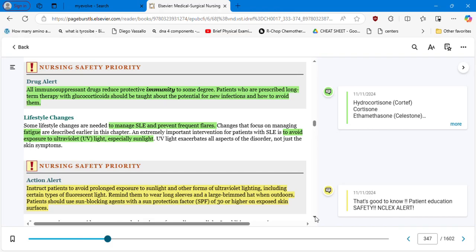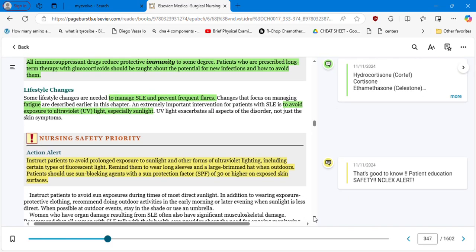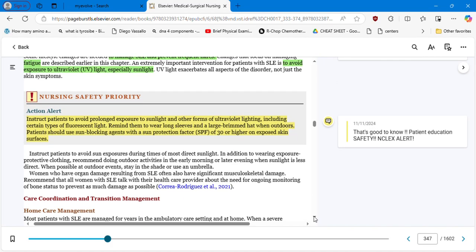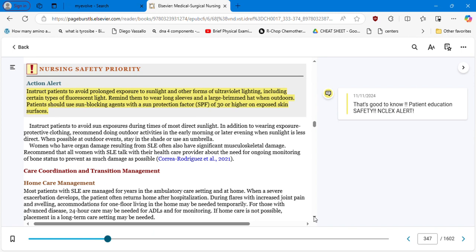And then lifestyle changes to manage SLE and prevent frequent flares. We have to work on stress, avoid exposure to ultraviolet light, especially sunlight, and manage the fatigue. Another safety priority: as you see, these types of conditions are systemic and involve the participation of multiple autoantibodies, so they have multiple safety concerns. It's important that you pay attention and focus on this.